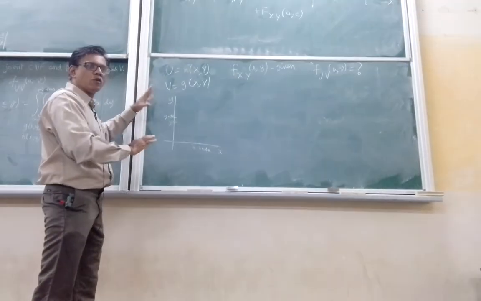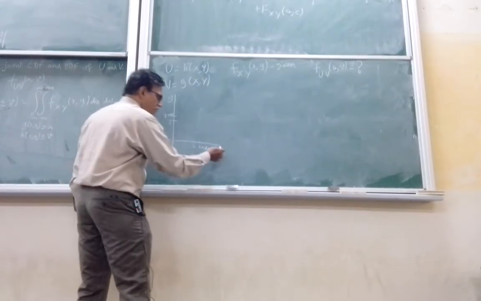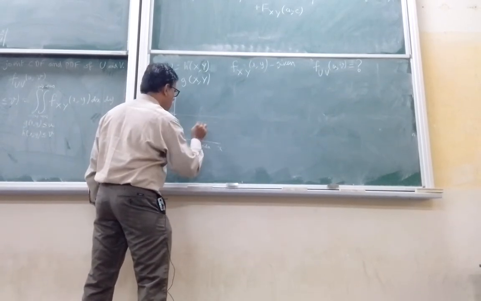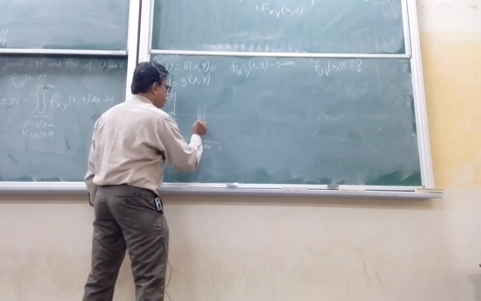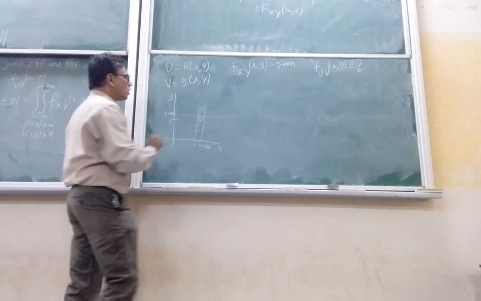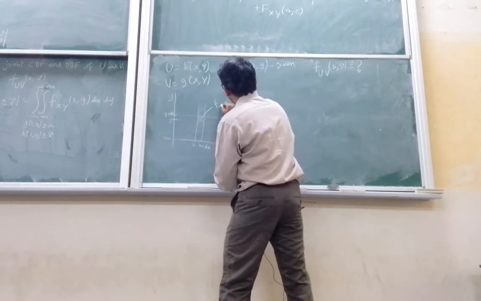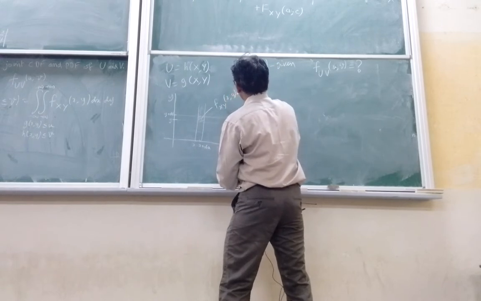I cannot have different notations, so I hope you are comfortable with this. The probability of this shaded area is f_XY of x comma y dx dy. This is the interpretation.